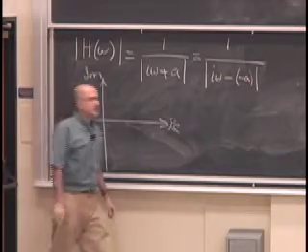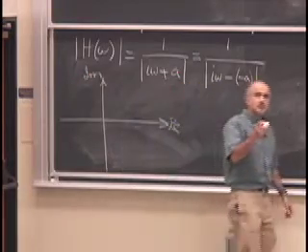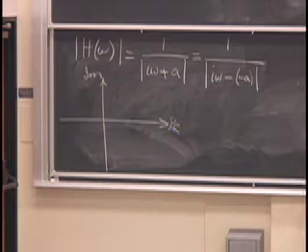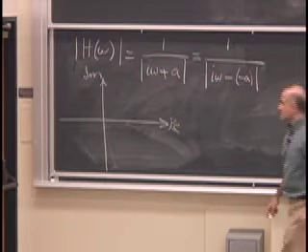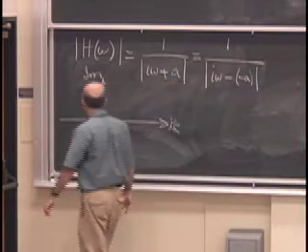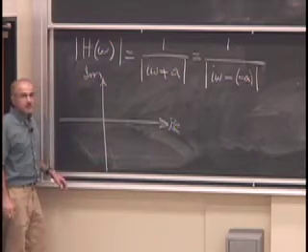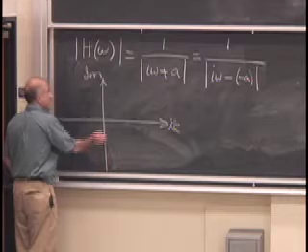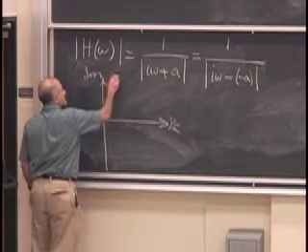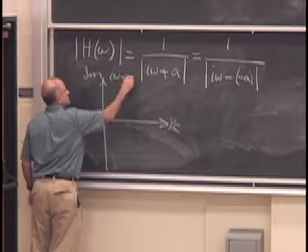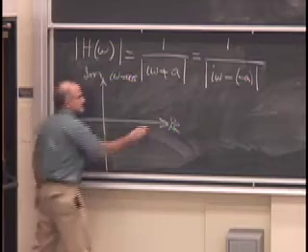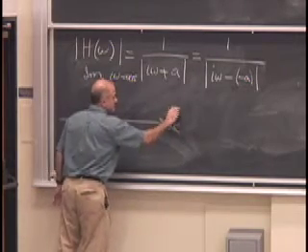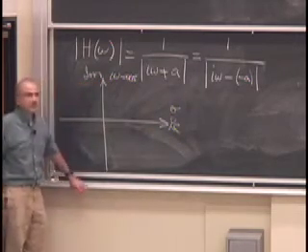In discrete time, to measure or to plot the frequency response, we went around the unit circle. That was the place where we spent most of our time. In continuous time, we go along the i omega axis. This is also the i omega axis. And in more advanced courses, you'll see this, they call this the sigma or the real axis.